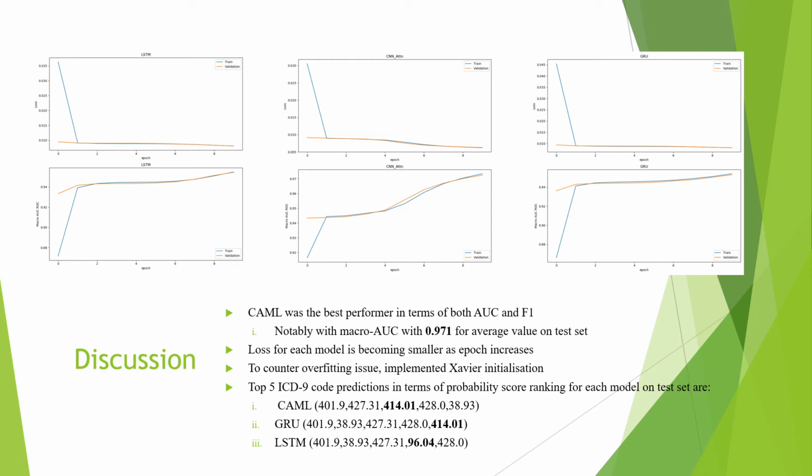Not only for AUC, but also for F1 score, CAML was the best performer out of three. And from the graph, we note that loss for each model is becoming smaller as epochs increase.